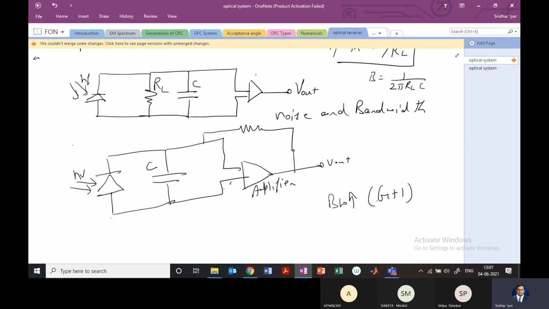So the noise is also increased when you increase the bandwidth, like I said, but in general we can tolerate this kind of noise by using the following circuit that we have, right? So this can be an optimum choice of the receiver which we can have, right? And this is known as the trans impedance amplifier.